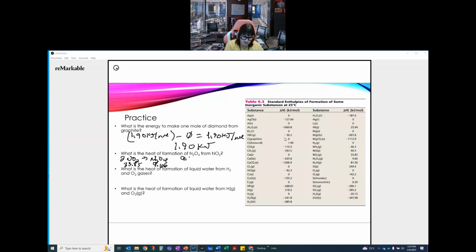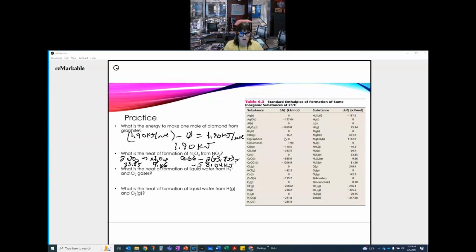So I'm going to take the 9.66 minus 2 times 33.85, and that gives me negative 58.04 kilojoules. Okay, and that is per mole for that particular thing. Since there's only 1 mole, I can put it as kilojoules per mole. But we really only want to calculate it as kilojoules for that reaction.